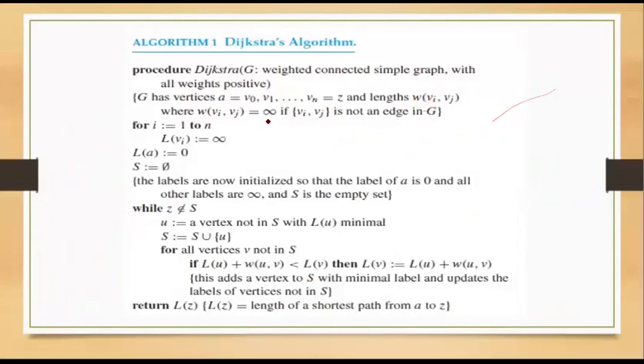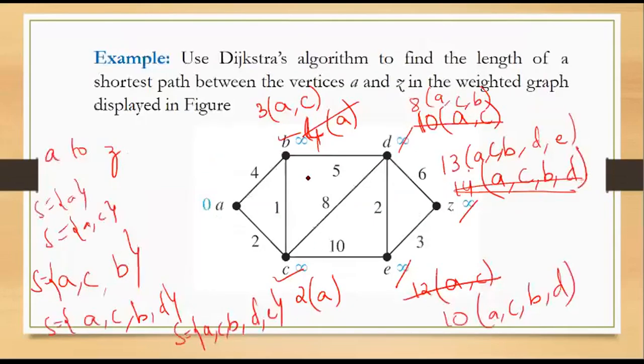Initially, all the weights have to be initialized to infinity, and for i equal to 1 to n, that is from the vertex 1, we have to initialize all of them to 0. Now at the beginning, we begin with the V0 vertex, and initially your set S will be empty. Now the labels are initialized so that the label of A is 0 and all the other labels are infinity, as we have seen in the diagram earlier.